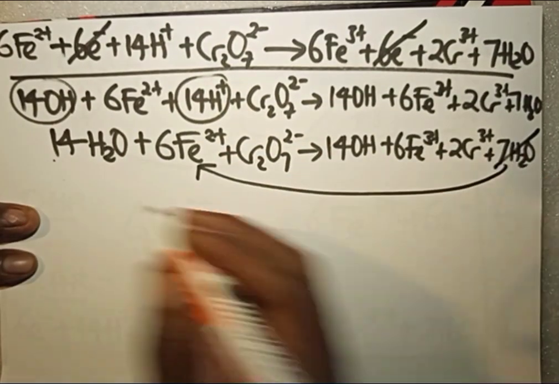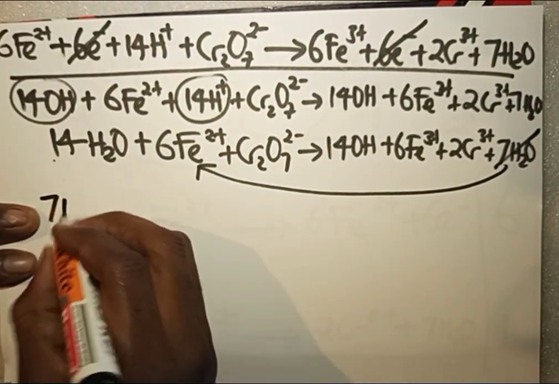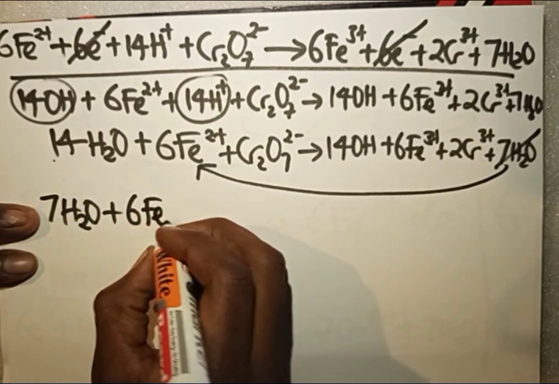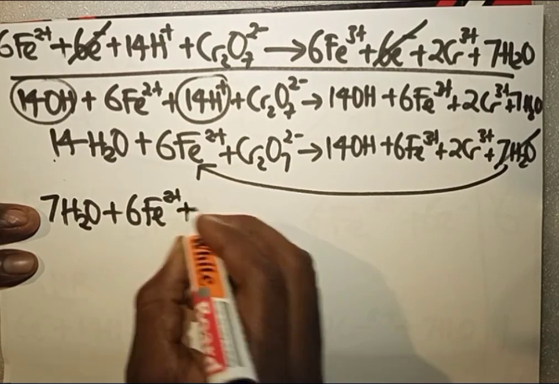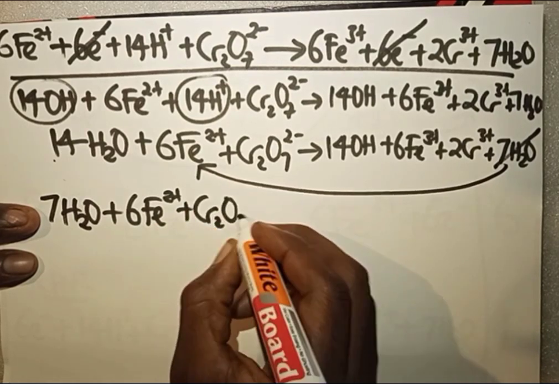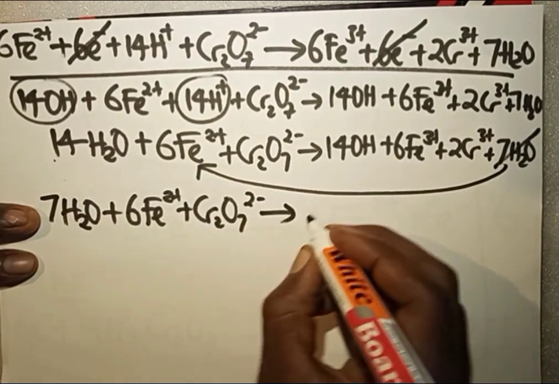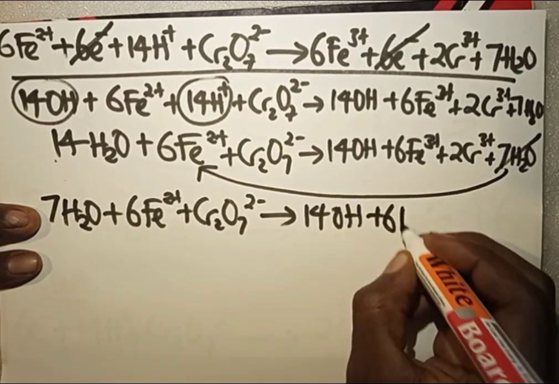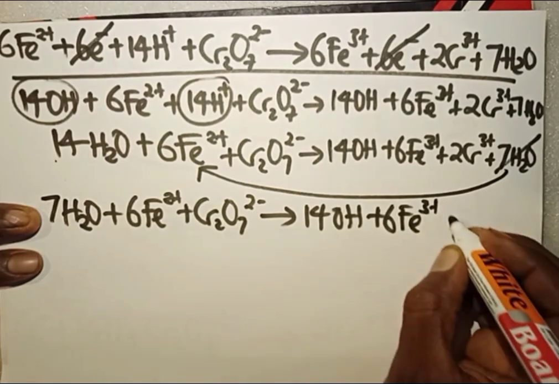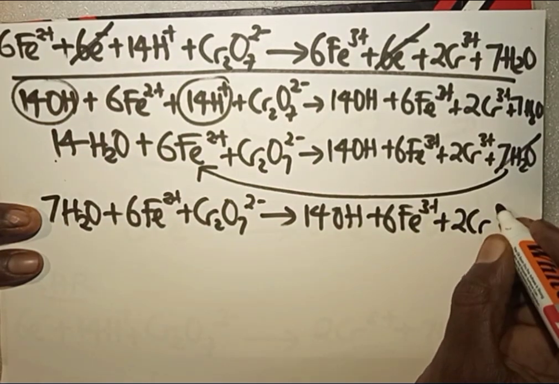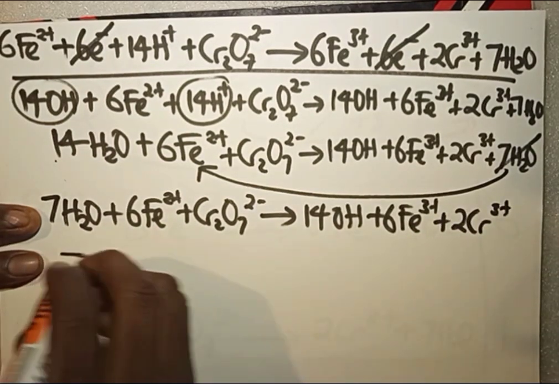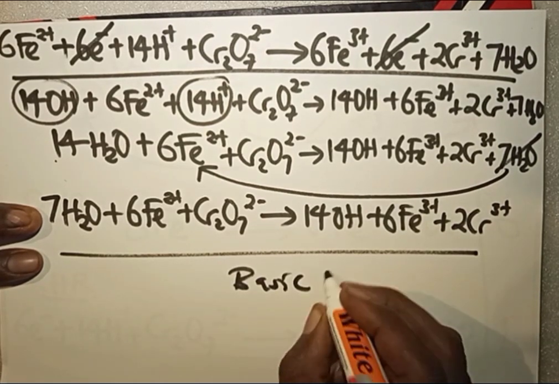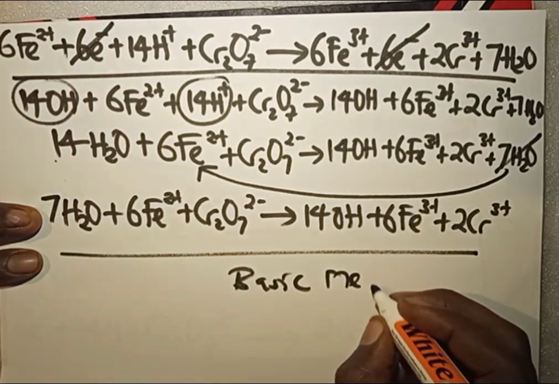So we'll have 7 water molecules followed by 6 iron 2 plus this, which gives 14 hydroxide plus 6 iron 3 plus 2, and this is our answer in basic media.